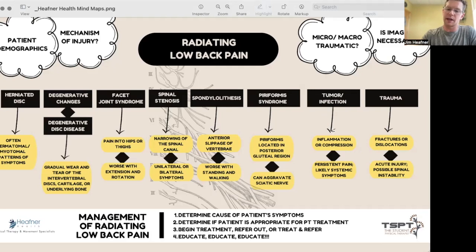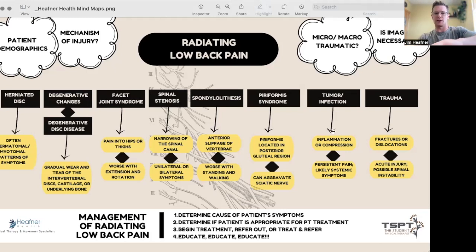These people are likely going to have persistent pain with some systemic symptoms. So if someone comes in and you're suspecting that they might have osteomyelitis or an osteosarcoma, you need to ask about prior history of cancer, weight loss or weight gain, any recent fever or night sweats. Those systemic signs and symptoms, and the persistent nature of their symptoms, are what's going to help guide you.